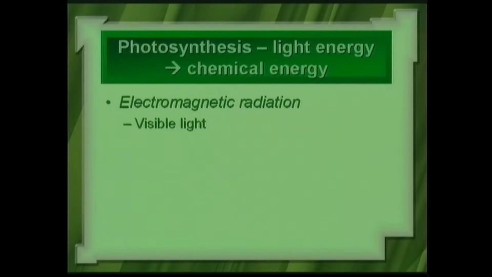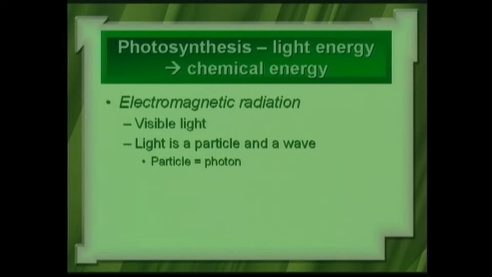So within this electromagnetic spectrum, we have the visible light spectrum, because plants absorb light within the visible light spectrum. Recall that we talked about before that light behaves as a particle, it hits in discrete pieces called photons, and yet, it also travels in waves, making wavelengths.